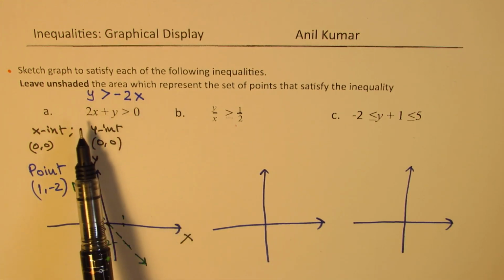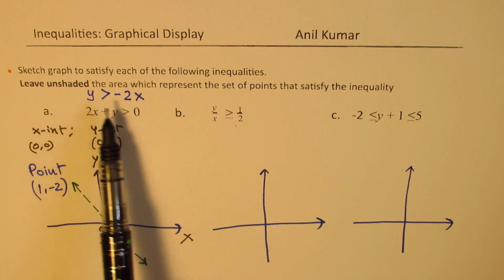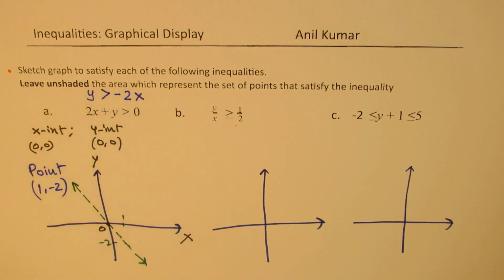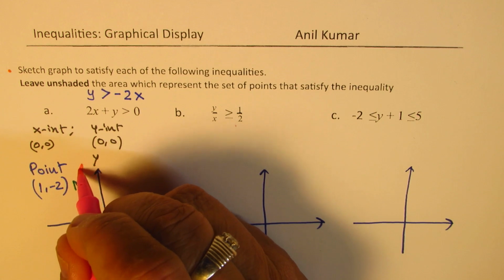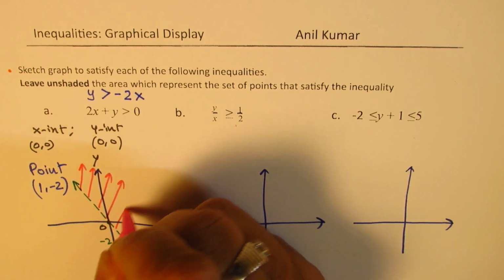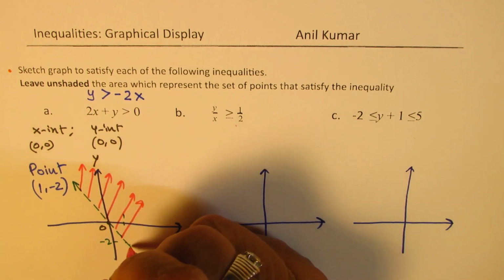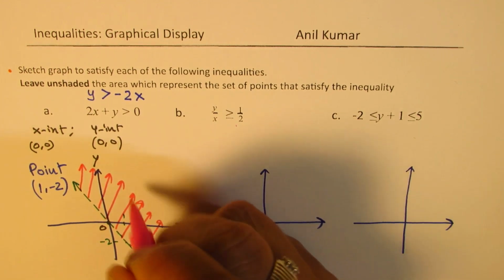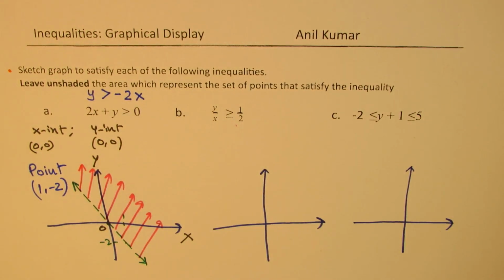So whenever you have a situation like this, think about something arranged in slope and intercept form. Now I'm saying y is greater than, that means y is above, right? So we have to shade the portion which is greater than, means above the line, right? So that becomes the shaded portion.